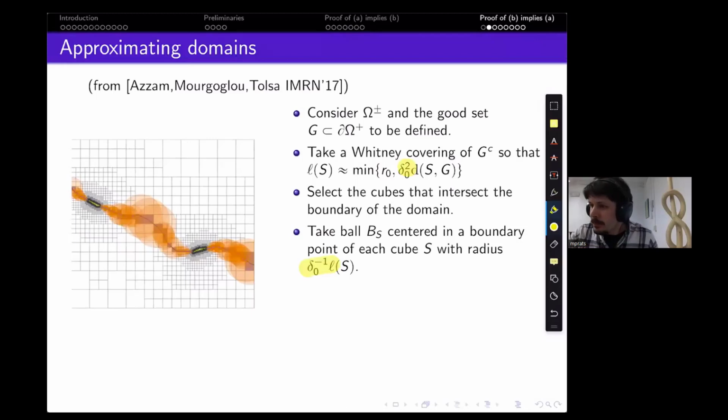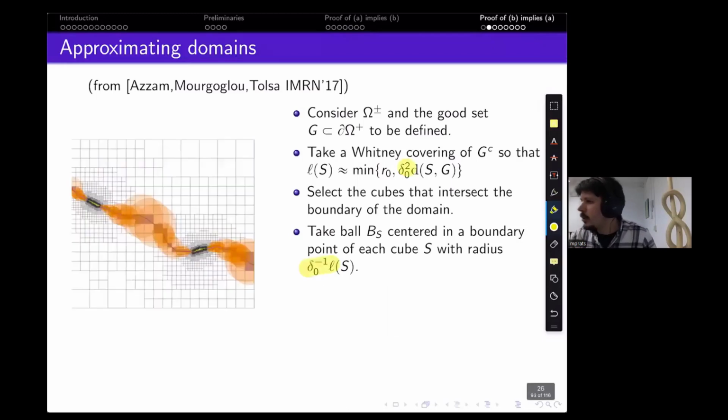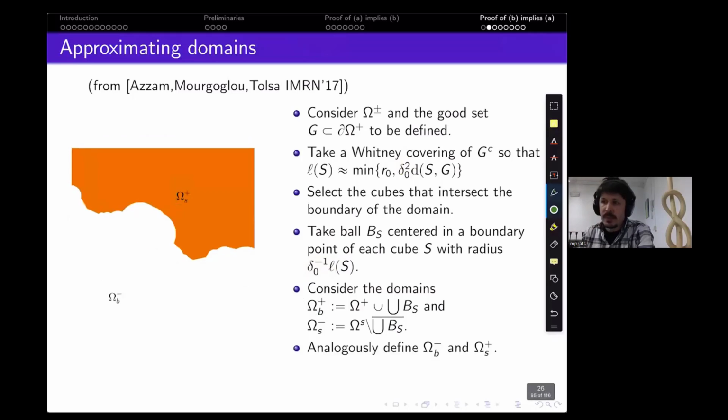Now you define the domain by joining the balls; let's say this was omega plus, this was omega minus. Then you join the balls to get the big inside domain and the small outside domain, and you do the same pulling out the balls, so you get a small inside domain and a big outside domain. So you have all these elements here.